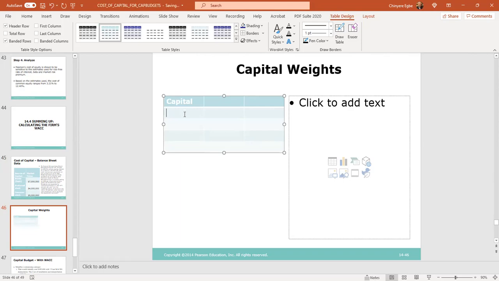Capital. Common. Preferred. Debt. Amount.